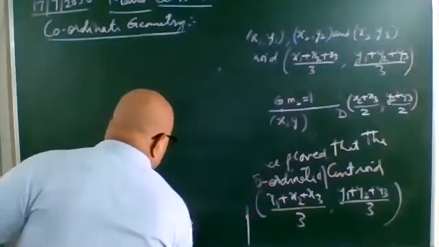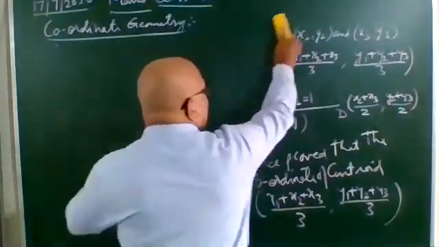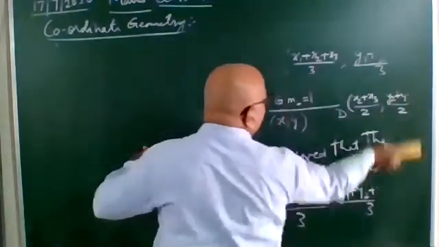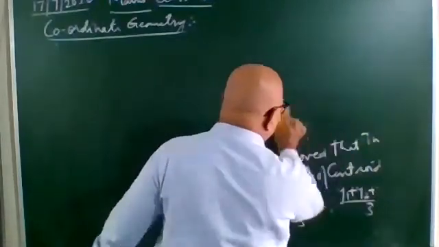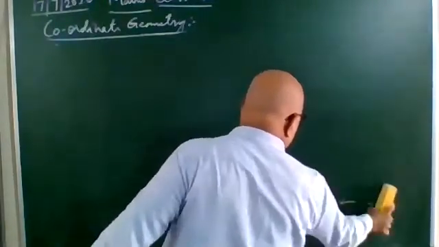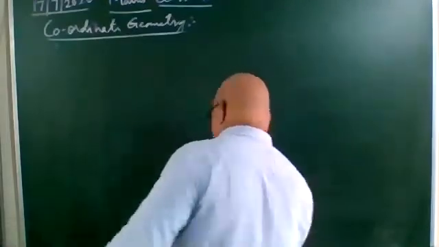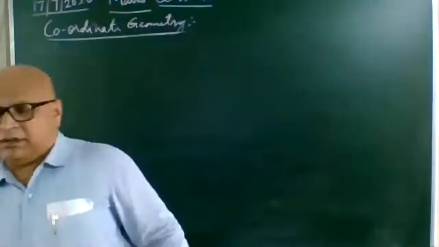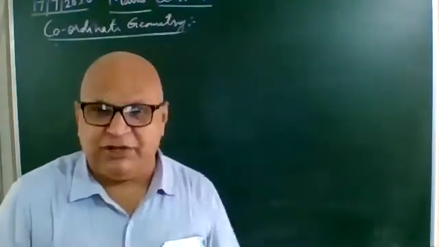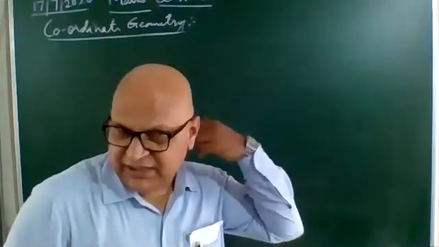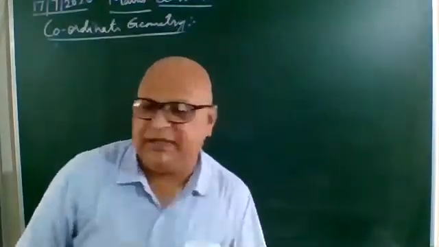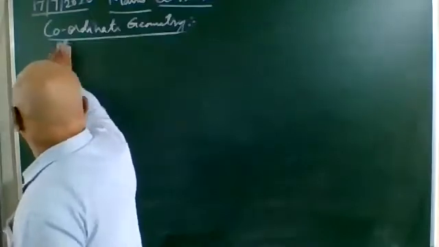In the last class, I explained that whenever the question comes to prove that the points are collinear, the points are given to you, and the question is to show that the points are collinear.